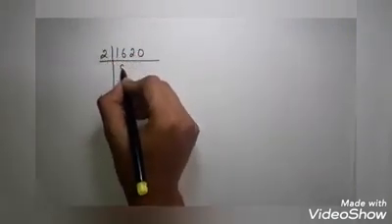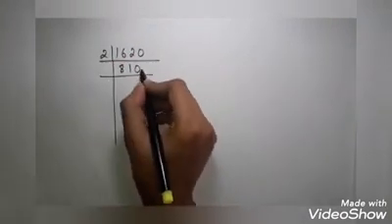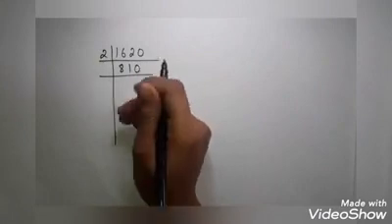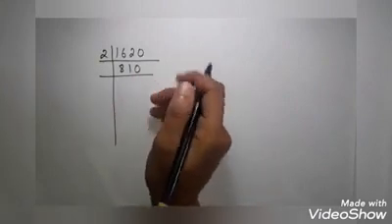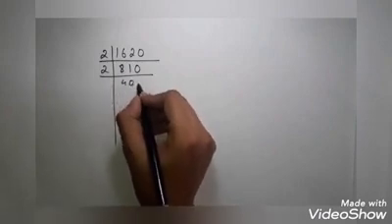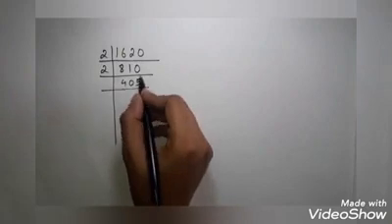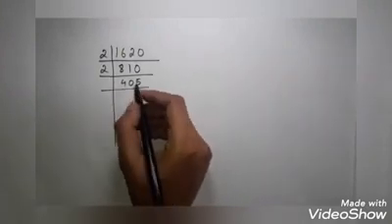So 2 8s are 16, 2 1s are 2, and then 0 down. Now this is again an even number. You can either go for 2 or you can go for 3. So let me go for 2. 2 4s are 8, 0, 5. And then this is an odd number, so it will go in the 5 table.